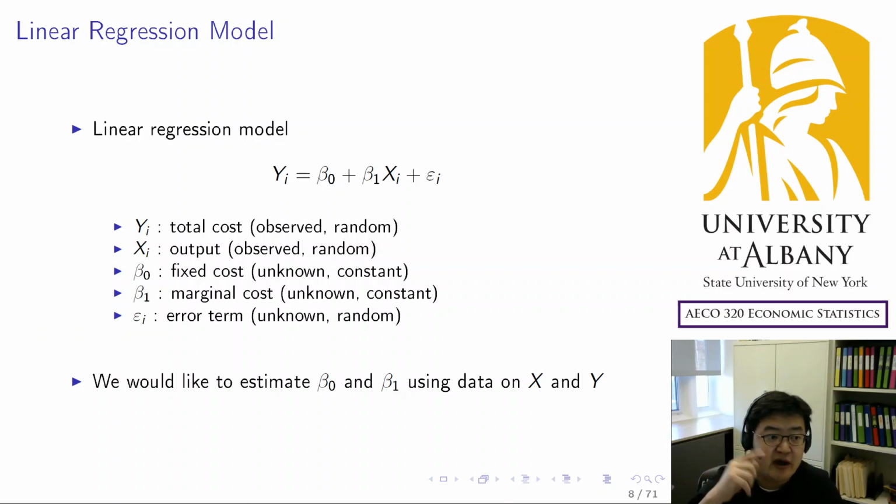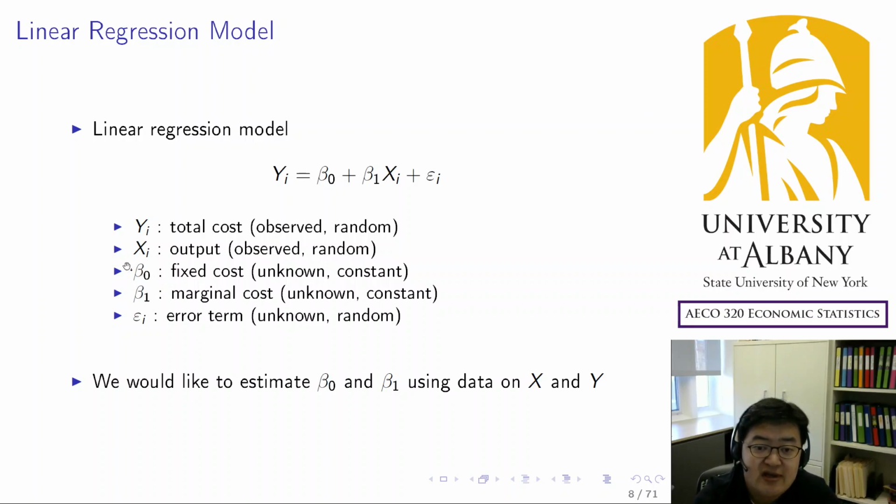So in that sense, you have 12 observations or 12 experiments from the data. So the cost and the output can change from month to month, so they are random. And also, the error term is random by definition. Error can change every time, so it is random.